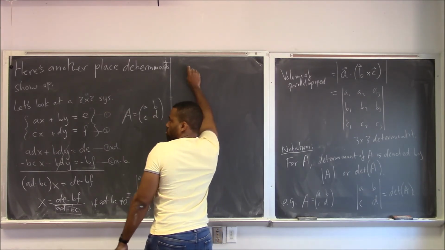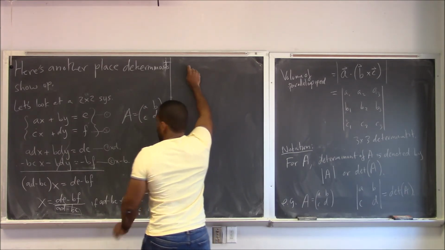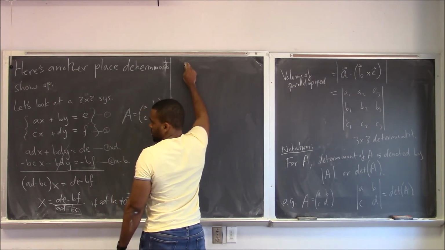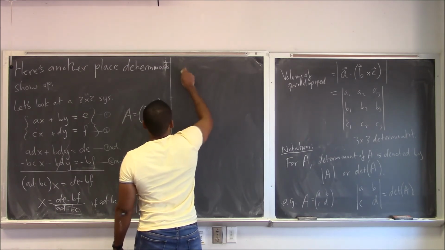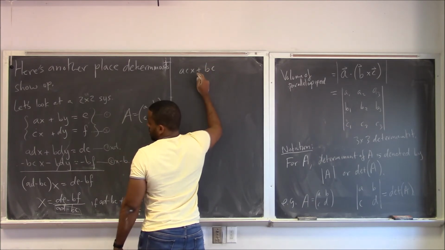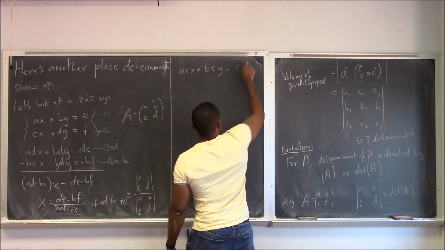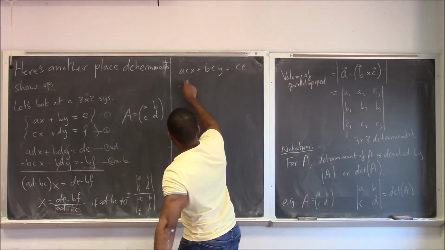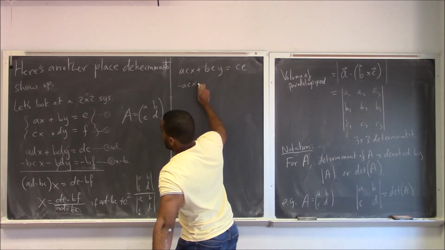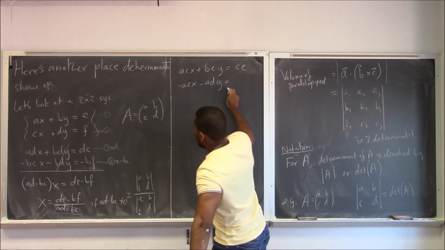Multiply the first equation by C, second equation by minus A, and add. So you're going to multiply this by C, and multiply the second one by minus A. Trying to get rid of x, right?